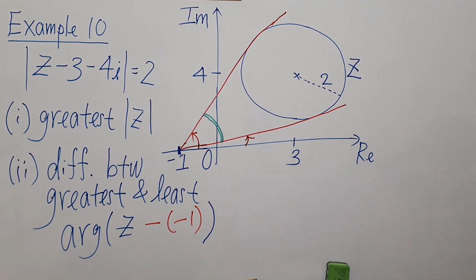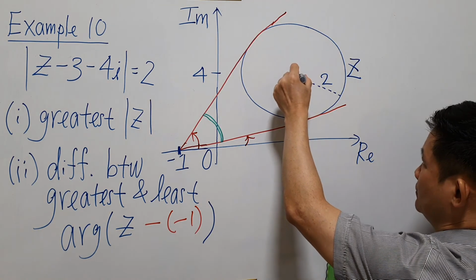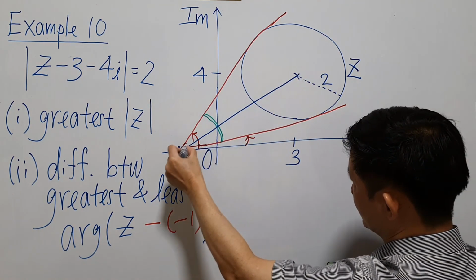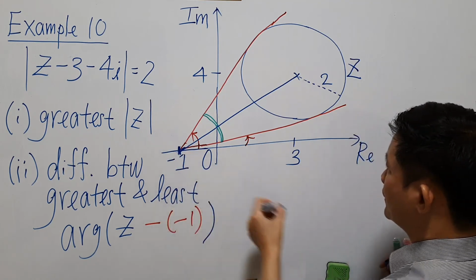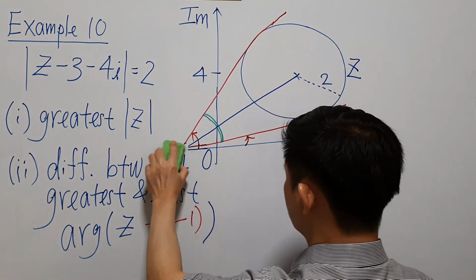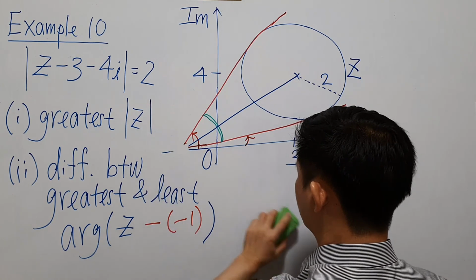So how do you find the green angle? To find the green angle, you want to make use of this strategy. From the center of the circle, I'm going to draw a line to here. Let me polish this up a little bit, it's a bit cluttered and untidy.